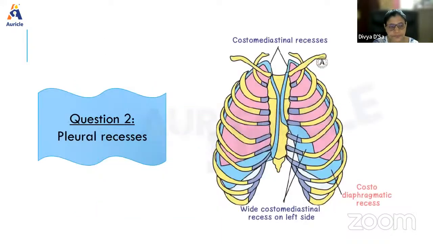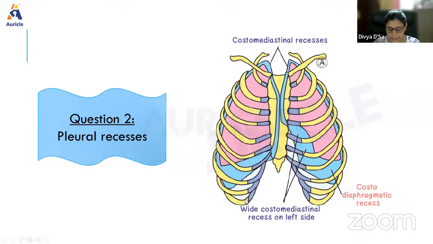Okay. So when we say pleural recesses, normally there is a small space between the parietal pleura and the visceral pleura. That is a potential space, which is filled with a thin layer of serous fluid.